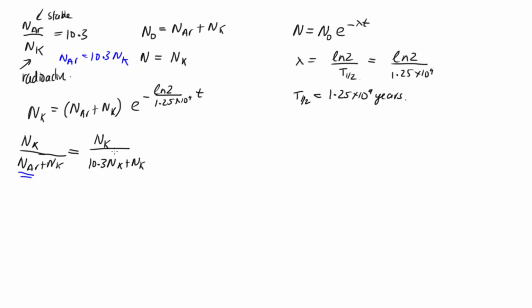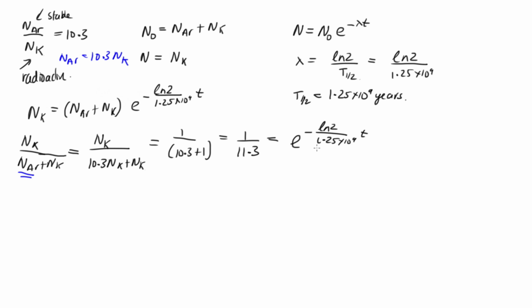So now Nk is a common factor on the top and on the bottom. So we end up with 1 over 10.3 plus 1, which will be 1 over 11.3. And now we just divided this by this, so we've still got this left. This is equal to e to the minus log 2 over 1.25 times 10 to the 9 times t in years.